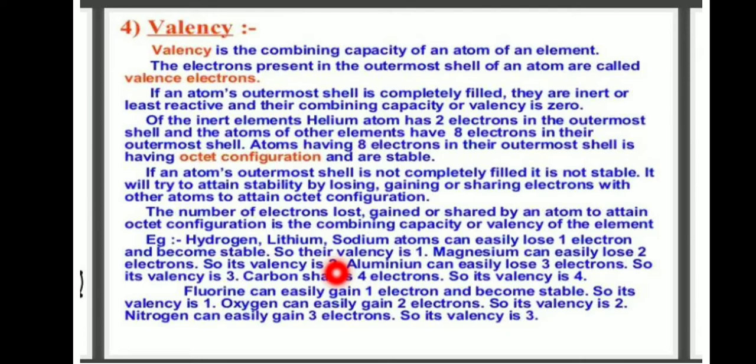Carbon has 4 electrons in the outermost shell. So its valency is 4. Fluorine can easily gain 1 electron and become stable. So its valency is 1. Oxygen can easily gain 2 electrons. So its valency is 2. Nitrogen can easily gain 3 electrons. So its valency is 3.